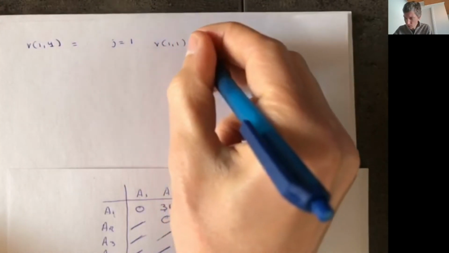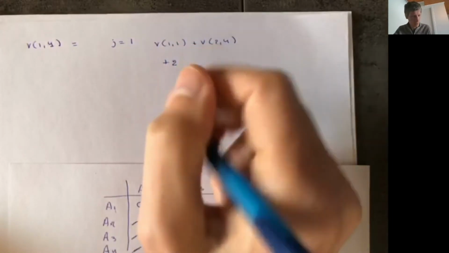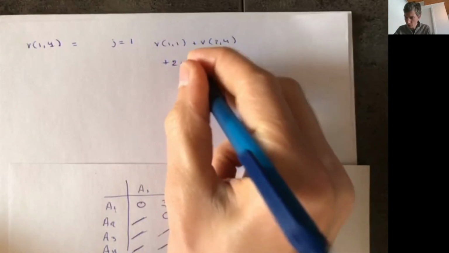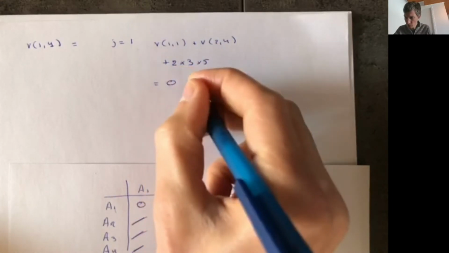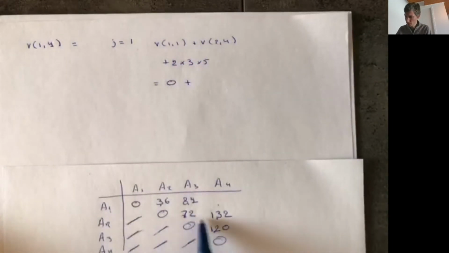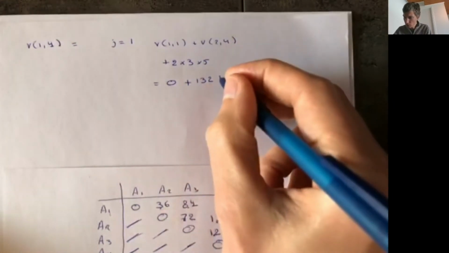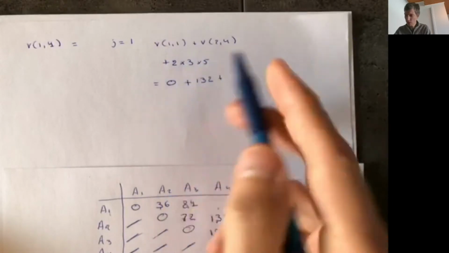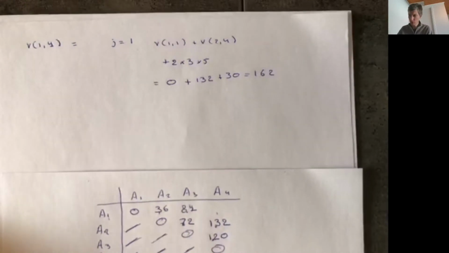If J is equal to 1, then I have V1,1 plus V2,4 plus the number of rows in matrix 1, which is 2, number of columns in matrix 1, which is 3, and number of columns in matrix 4, which is 5. So this is 0 plus V2,4 is 132, plus 2 times 5 is 10 times 3 is 30, is 162 operations.